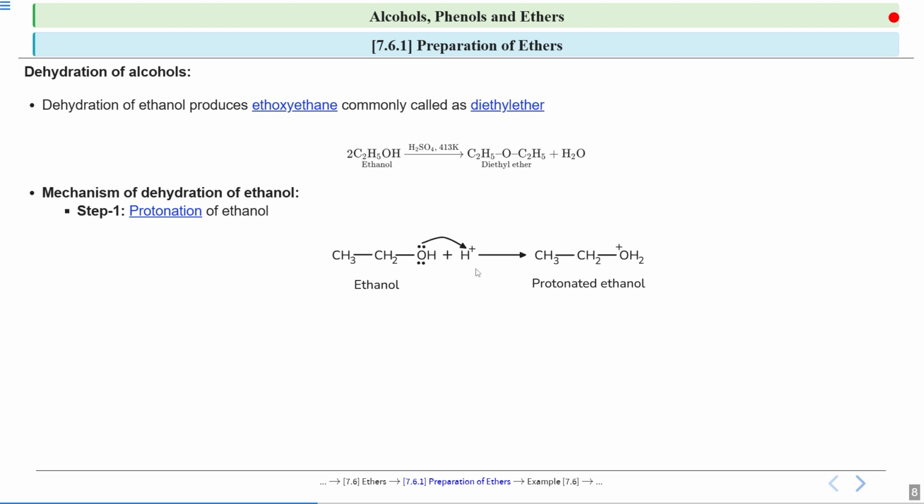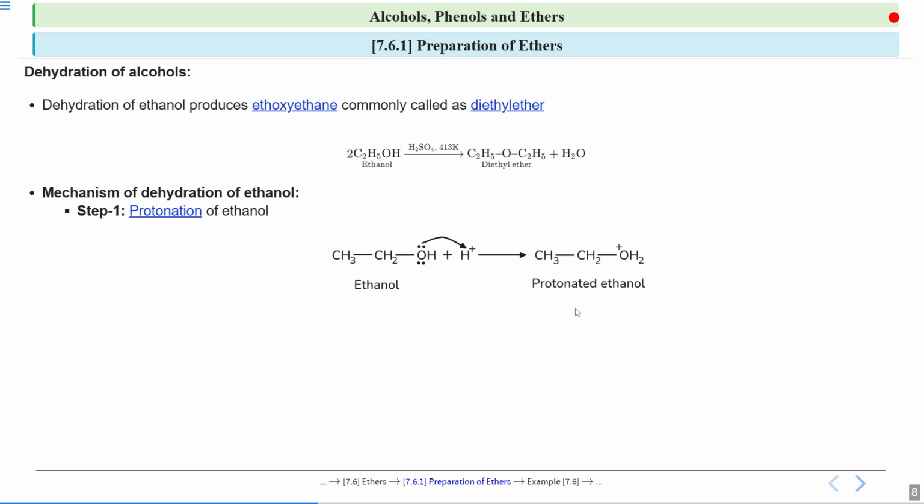This is electron deficient, so it is an electrophile, and this oxygen has electron density to donate. So it will give its electrons to this hydrogen, and from this ethanol a protonated ethanol is formed. On oxygen, you will see there is a positive charge. So this is a protonated ethanol.